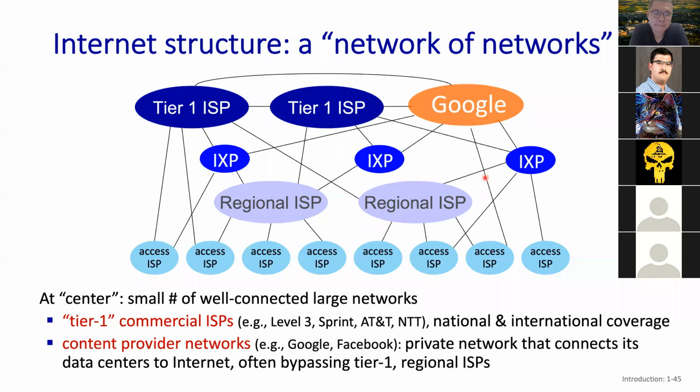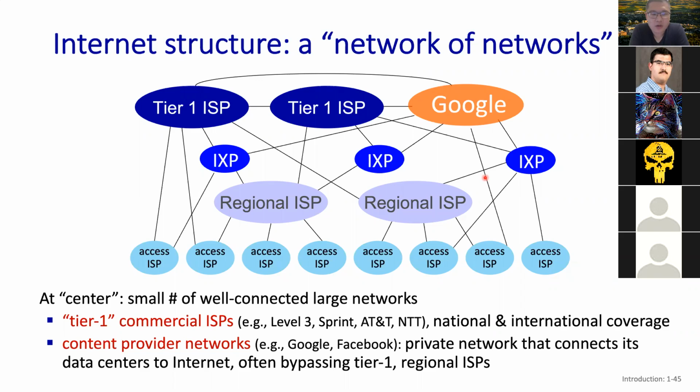Yeah. Thanks. Okay. So if you look at the internet structure in this figure, you can see that the first level is the tier 1 ISP, the global ISP. And they connect to the access ISP directly. They can also connect to the IXP, right? Internet exchange point.